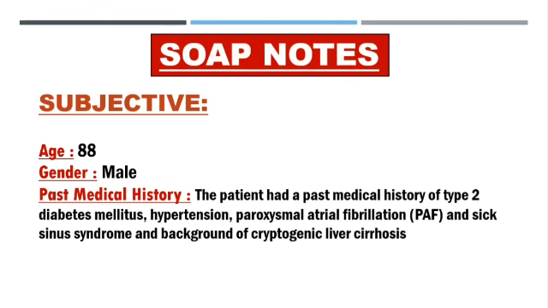The given information of the patient is that the age is 88, the gender is male, and the past medical history is diabetes mellitus, hypertension, PAF, sick sinus syndrome, and background of cryptogenic liver cirrhosis.